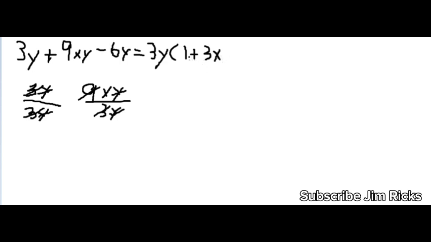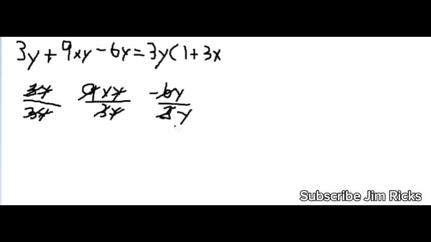So lastly, we're going to factor negative 6y. Please don't forget about integer signs, okay? You always put them. So negative 6y divided by 3y.